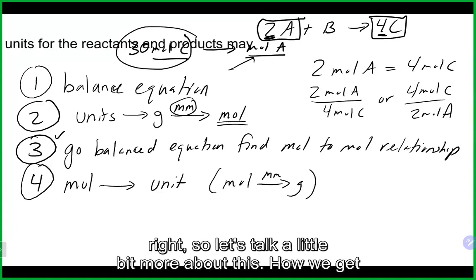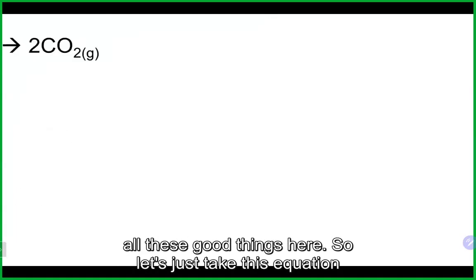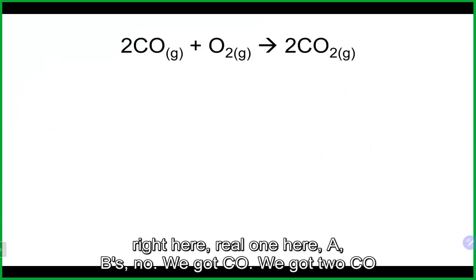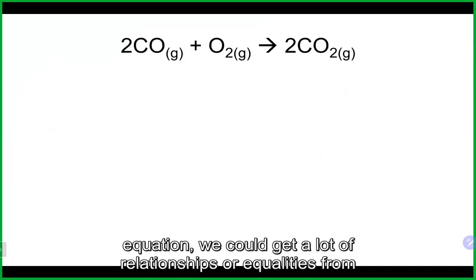All right, so let's talk a little bit more about how we get all these good things here. Let's just take this equation right here: 2CO plus O2 gives us 2CO2. Once again, from this one equation, we could get a lot of relationships or equalities.